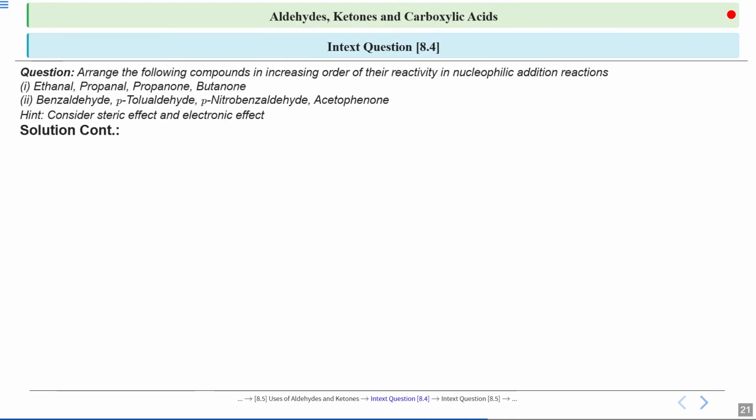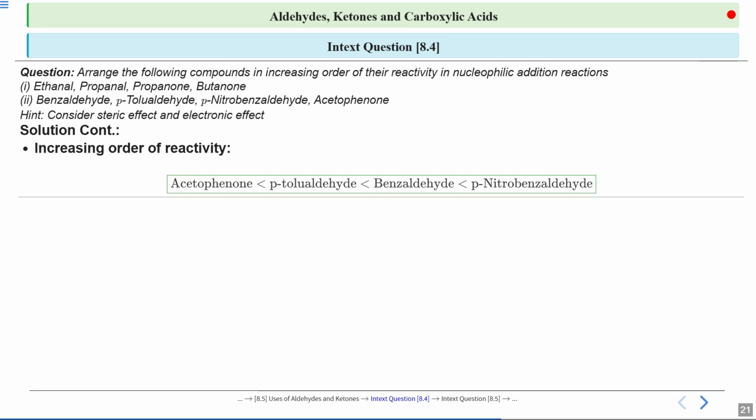So now can you finally arrange the order for this? The increasing order is first para-nitrobenzaldehyde, which is most reactive. Then benzaldehyde. Then para-tolualdehyde, and last is acetophenone. Acetophenone is least reactive.